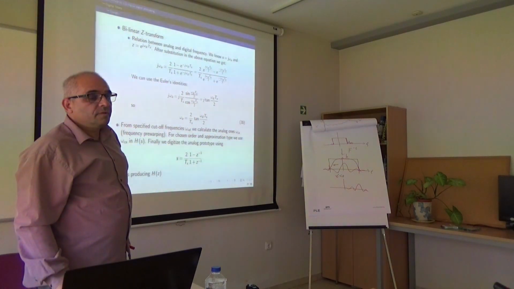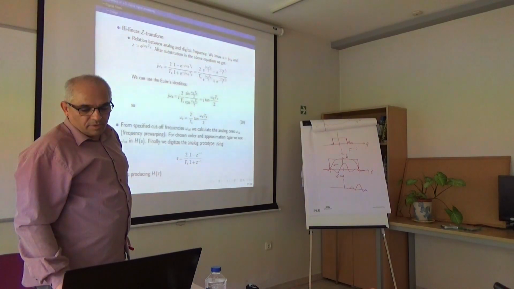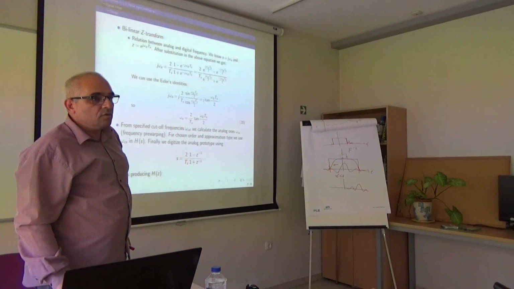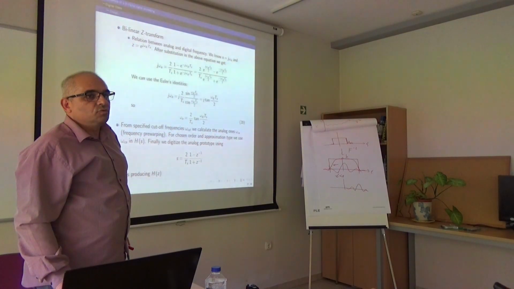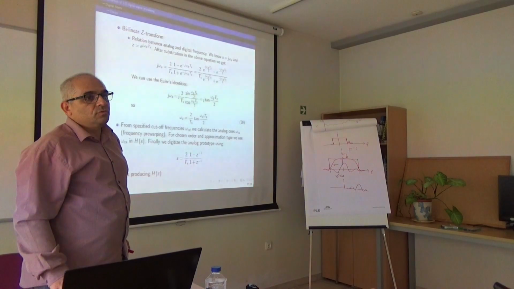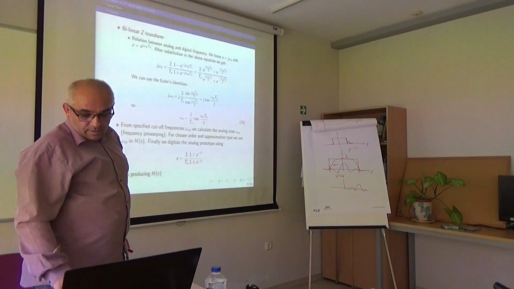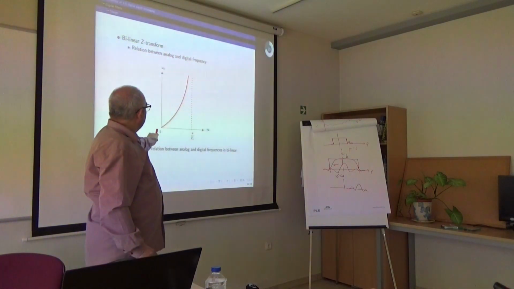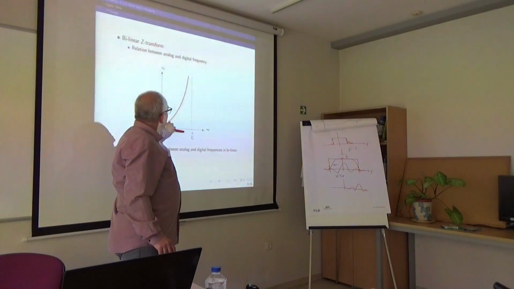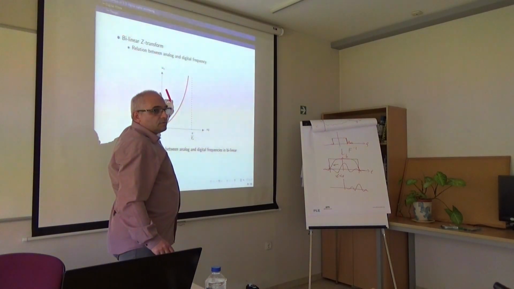we don't have linear dependency between analog and digital frequency, because the analog filter works with frequency from 0 to infinity, and the digital filters work with frequency from 0 to the Nyquist rate. If we try to make an analog filter, we have to consider this non-linearity between digital frequency and analog frequency.